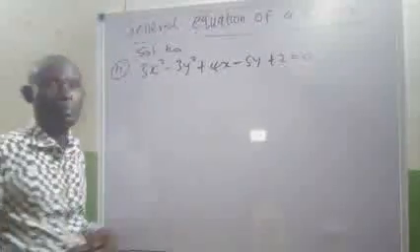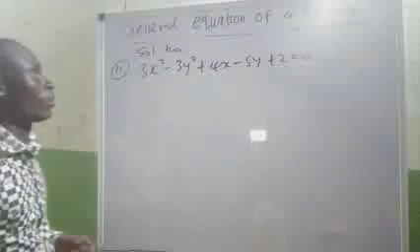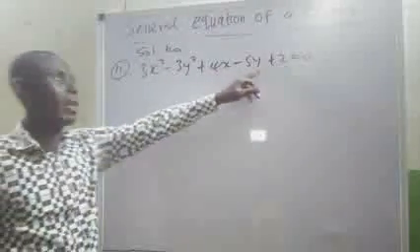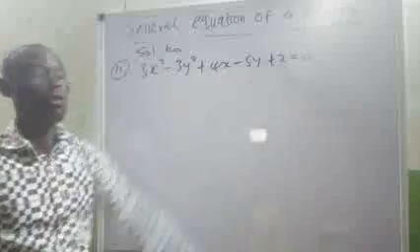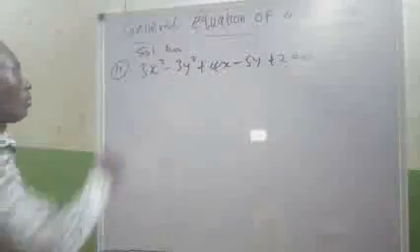Now B, we have 3x squared minus 3y squared plus 4x minus 5y plus 2 is equals to 0. First of all, let's divide through by 3.